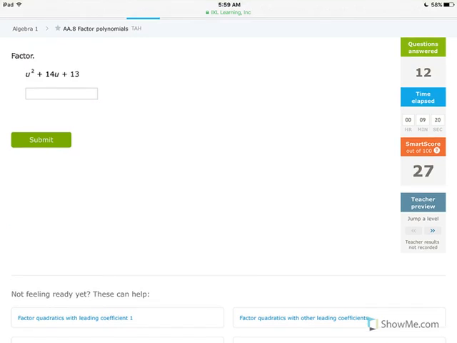And here's another one where our lead coefficient is 1. So if we were to factor this, we're going to need a u squared for the first term. So we're going to need a u times a u. And we're going to need a 13 for the back term, so factors of 13. That's only really one option, 1 and 13.